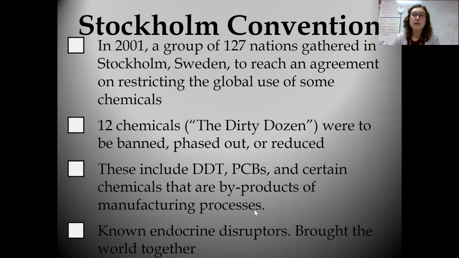A lot of these especially are manufacturing byproducts that probably arose during the Industrial Revolution. DDT, I always think about whenever we're thinking about insecticides, herbicides, it works really well, but it also affects humans as well. A lot of these were also endocrine disruptors. What's beautiful about this is that 127 countries all came together and said, this is not good.